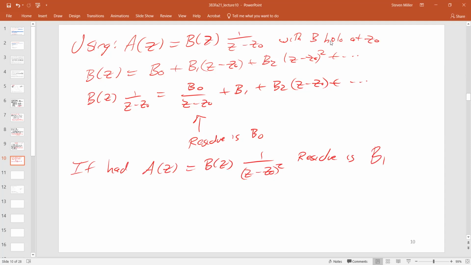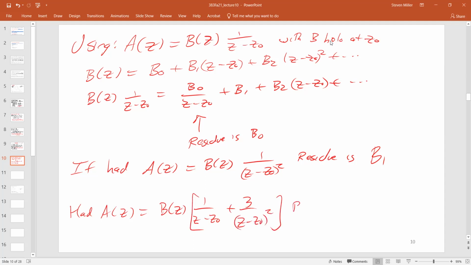So we can figure out the residue very simply if we can write our function as a product of two functions, where one has all the terms that blow up. And then what if we had, say, a of z equals b of z times 1 over z minus z naught plus 3 over z minus z naught squared? What's the residue?